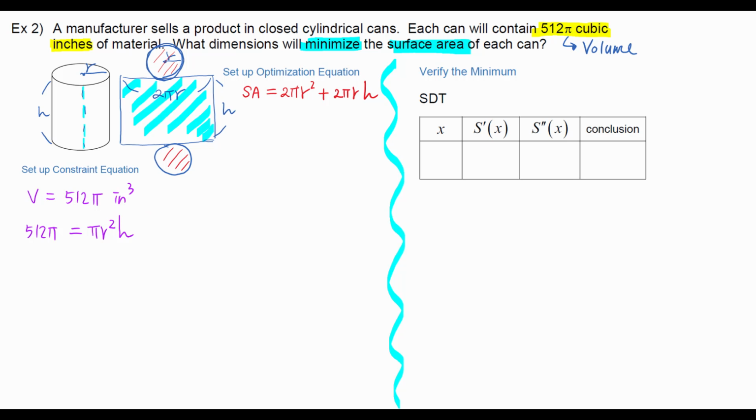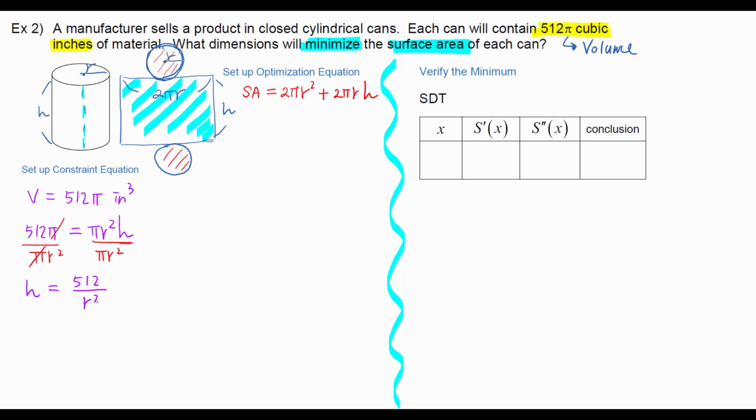So then we can solve for h, no problem. To solve for h, we need to get rid of pi r squared. So we are going to divide both sides by pi r squared, then the pi's get canceled, and you found h.